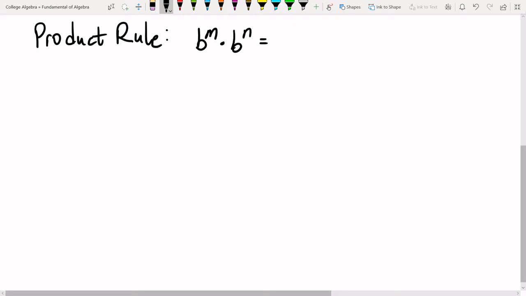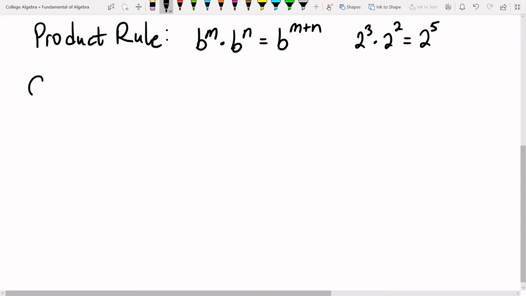They have to be the same number. If they are, if you multiply like bases, we add the exponents. For instance, 2 cubed times 2 squared is 2 to the 3 plus 2, or 5 power.